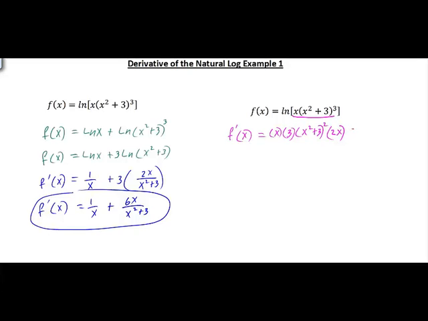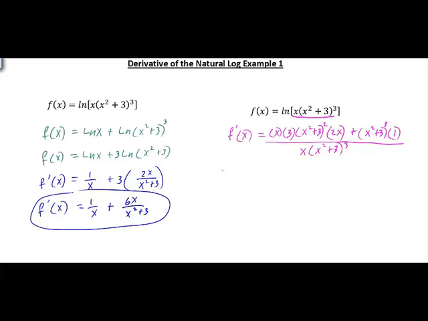And then it's plus our second term, which is x squared plus 3 cubed, multiplied by the derivative of the first, which is the derivative of x, which is simply 1. Now, that's our du. That's the derivative of u, but remember, all of that now is divided by u. Well, our u is x times x squared plus 3 cubed.